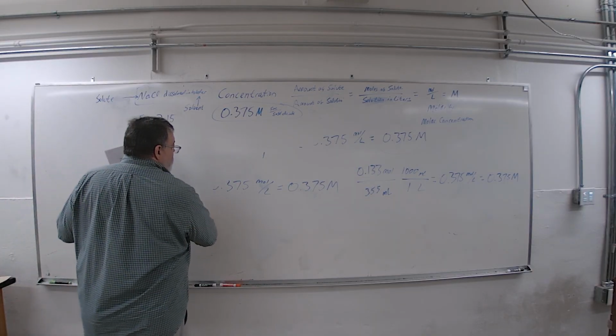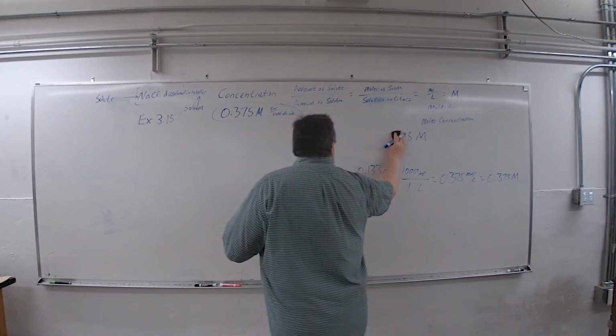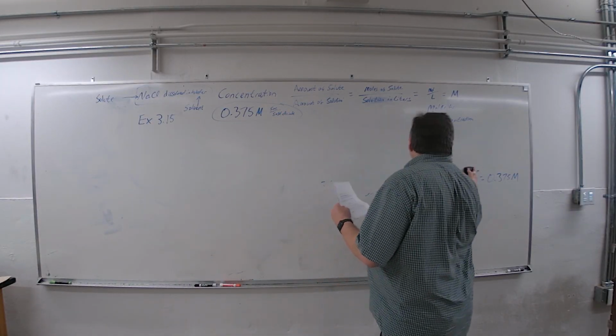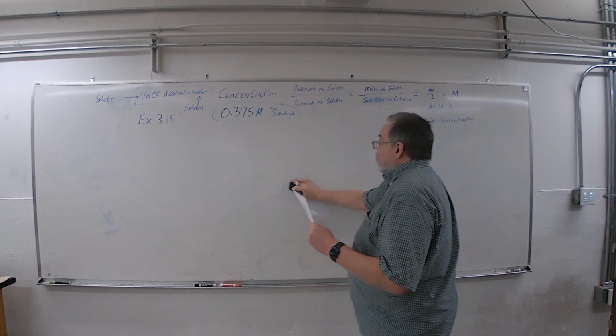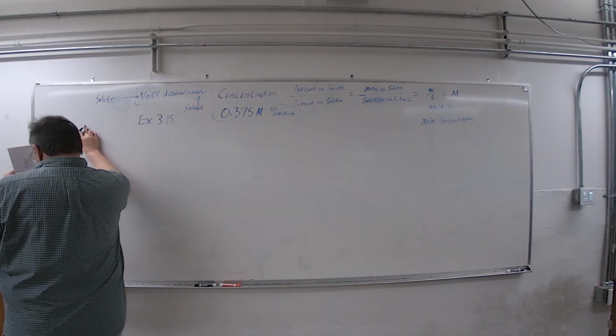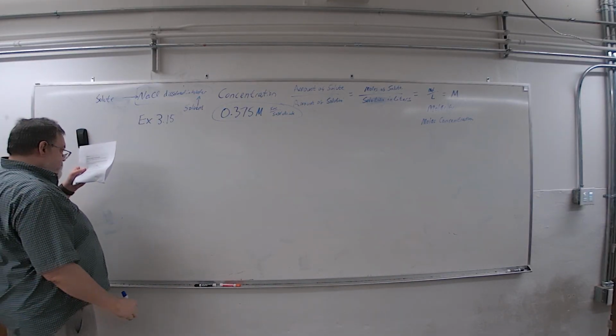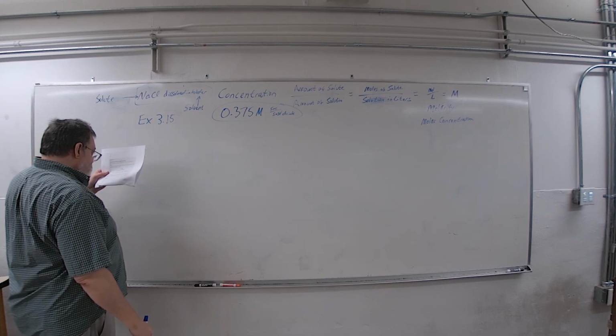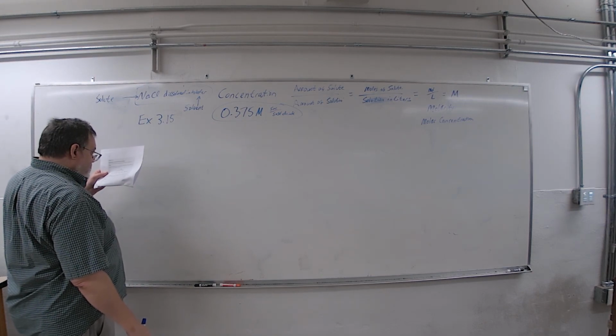So how much sucrose is in a modest sip of this drink? And they tell us how much sucrose in moles is contained in a modest sip of 10 milliliters of this drink.